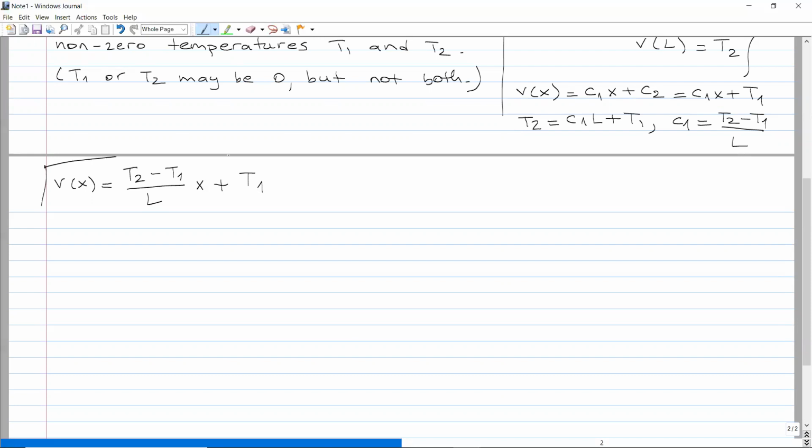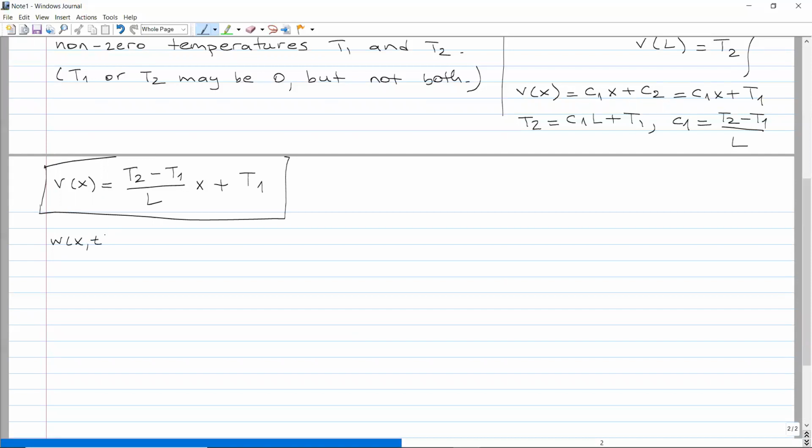So the steady state temperature distribution is going to be this linear function. It is going to change linearly from one end, x equals 0, to the other end, x equals L. So it has to be this function. So now we need to find the solution u.